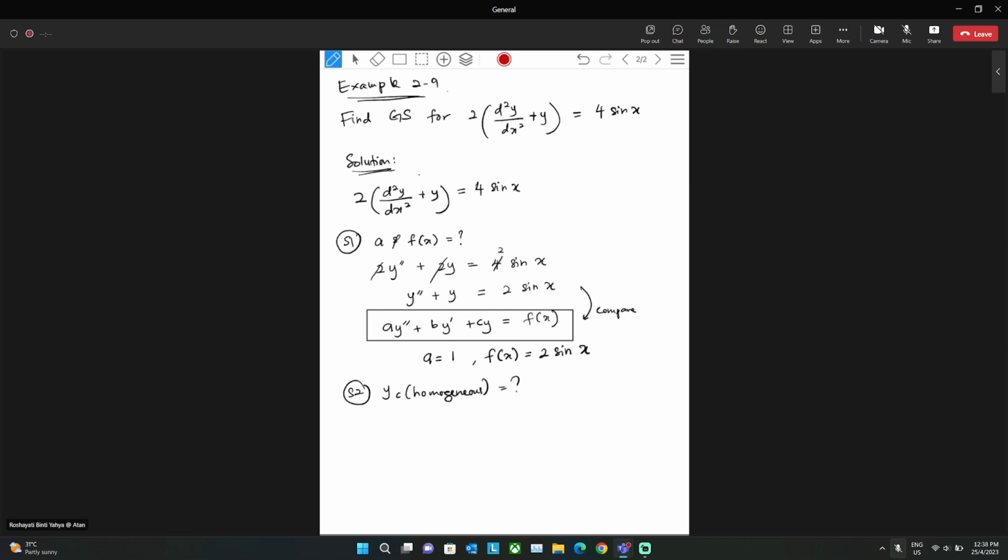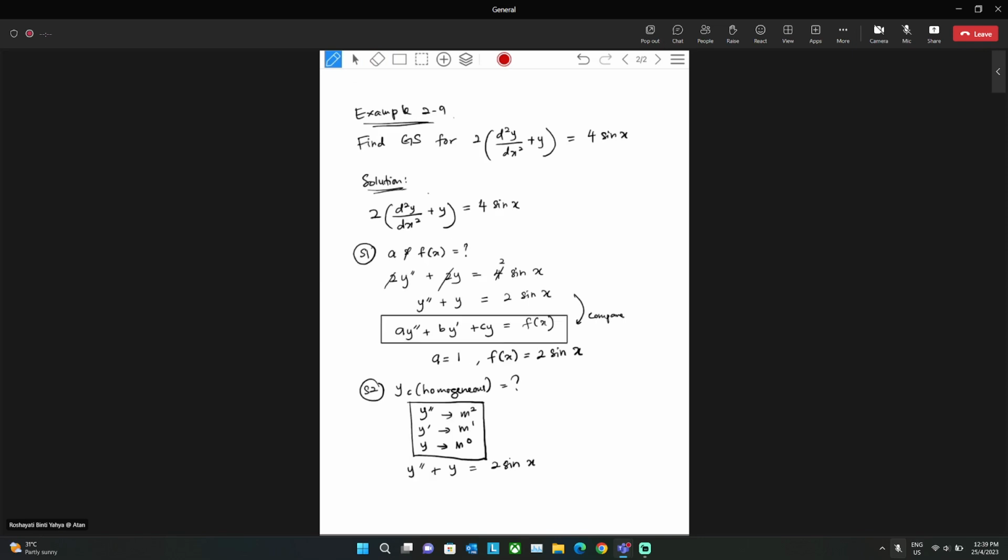So in general, if you have y double prime, this becomes m squared. y prime becomes m to the power of 1. y becomes m to the power of 0. So here you have y double prime plus y equal to 2 sine x.